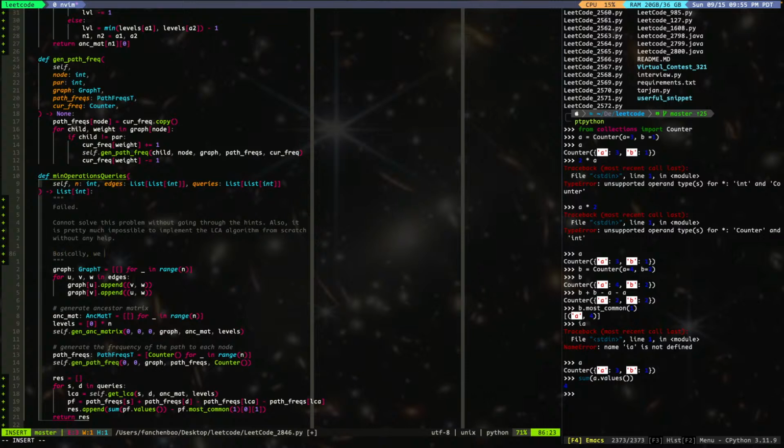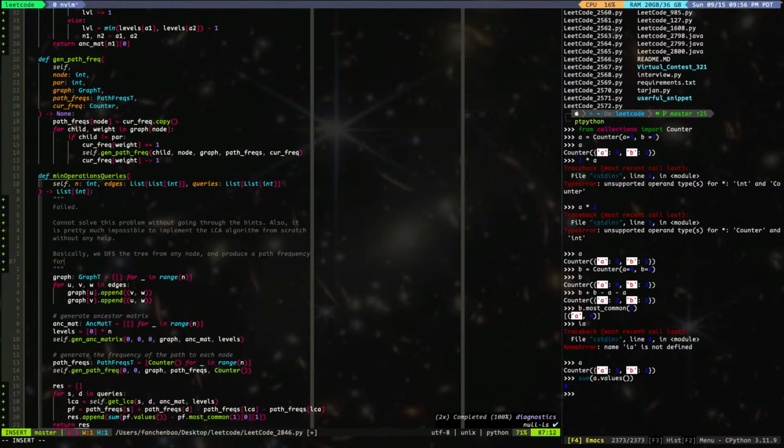Basically, we produce a path frequency. We DFS the tree from any node and produce a path frequency for each node during DFS. Right. Hold on.